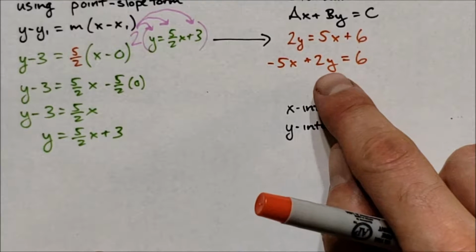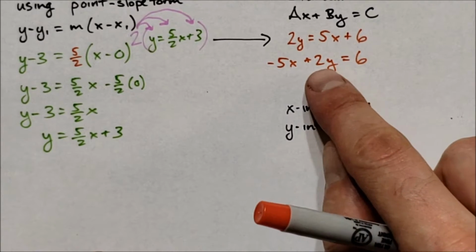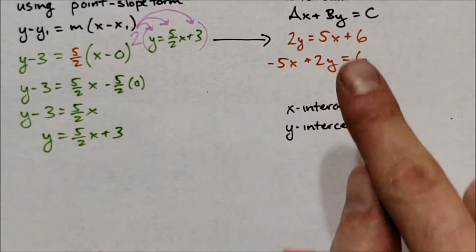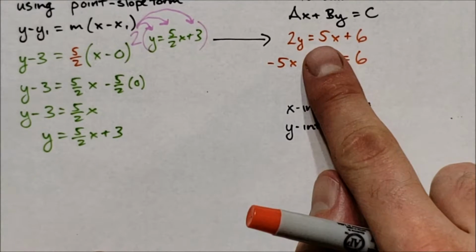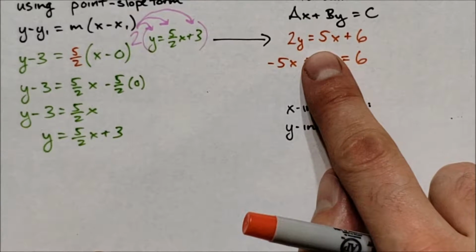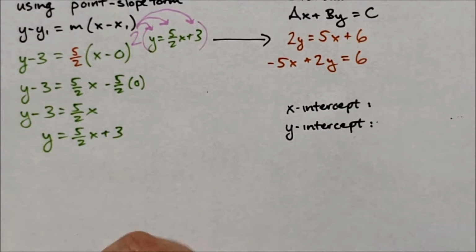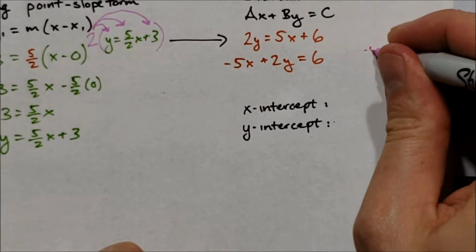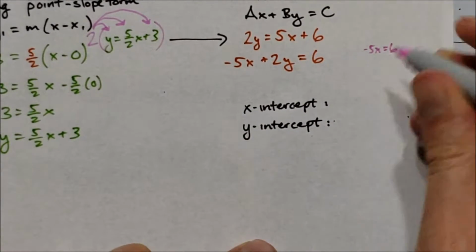So when y is equal to 0, it's 2 times 0. Well, that eliminates this term altogether. It goes to 0. And we have -5x equals 6.